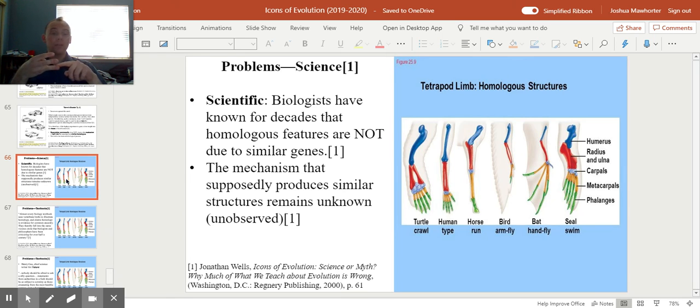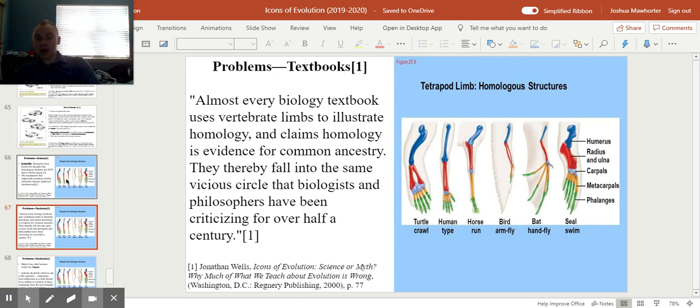It's also question begging and circular reasoning. Because if you define homology that way, that similar structures are similar because of a common ancestor, and therefore they're evidence of a common ancestor, then you have engaged in illogical reasoning that is logically fallacious and mistaken.